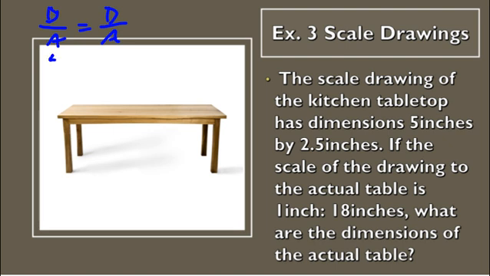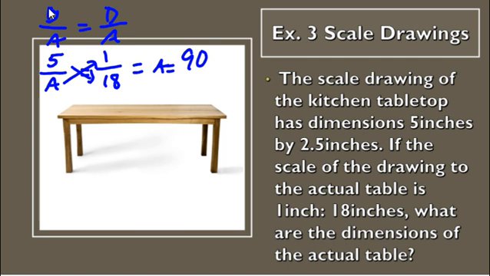So the drawing has 5 inches as to, we don't know the actual, but the scale factor is 1 inch to 18 inches. So to find the actual, cross multiply, A would equal 5 times 18. 5 times 18 would be 90.